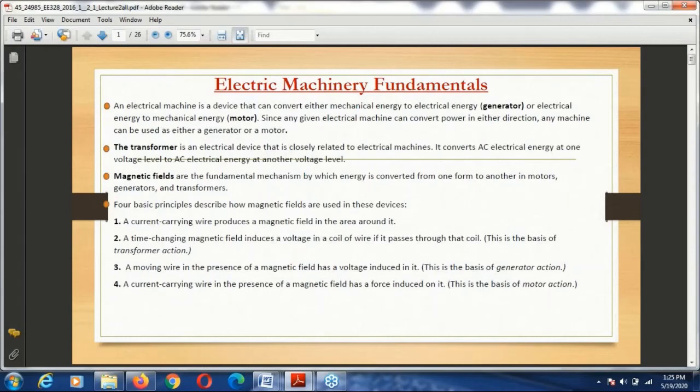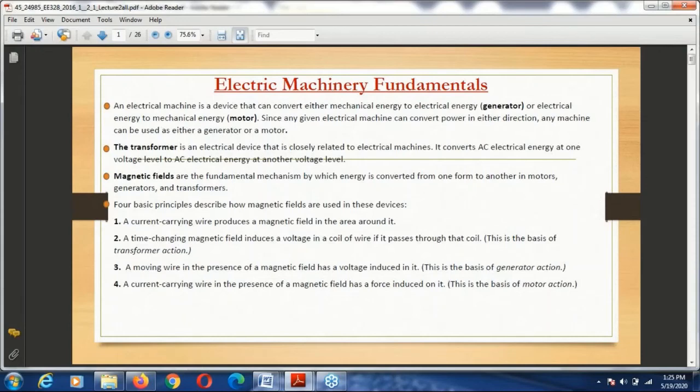The coil of wire is connected to a voltmeter at the back. There's a way you connect it. Then when you bring the magnet in, the north pole of the magnet is entering the coil of wire now. The wire, that is the solenoid. Let me call it solenoid. I've explained the meaning of solenoid before. Then you are going to have an induced voltage that is going to be measured by the voltmeter. You are seeing it there.